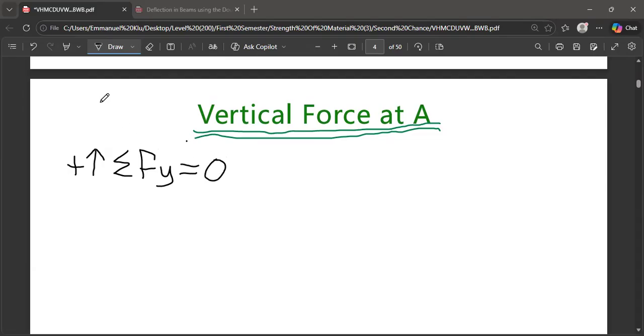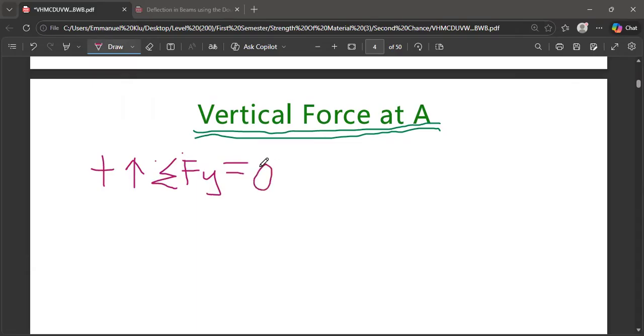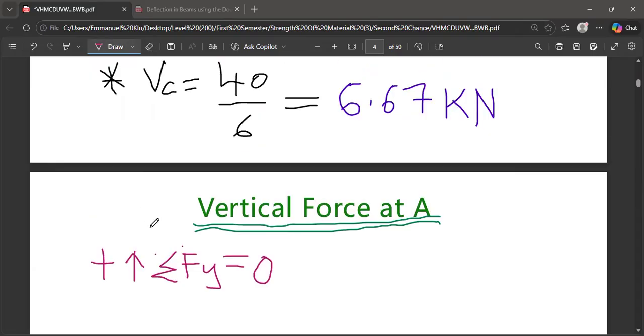Okay, you can equate all of them to 0. But before that, why don't we write our rule coherently in a logical manner so that the meaning can be okay? So this is a positive reaction, and that is sum of all forces moving in the y-axis should be equal to 0.